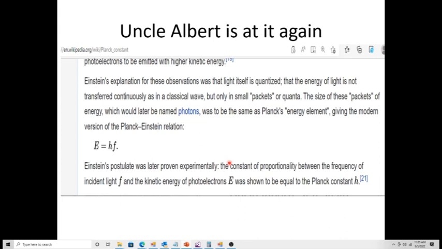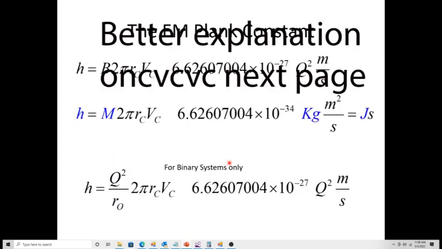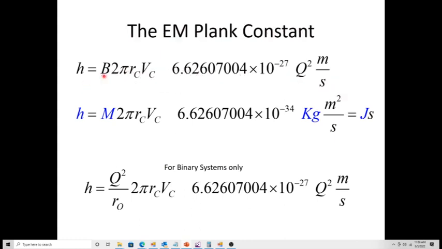Okay, I'm going to show you what ethereal mechanics says Planck's equation means. So in ethereal mechanics, H is your particle inertia times the circumference, not of your particle, times the velocity of circulation. And this is what it means in the units: it's square coulombs times velocity.